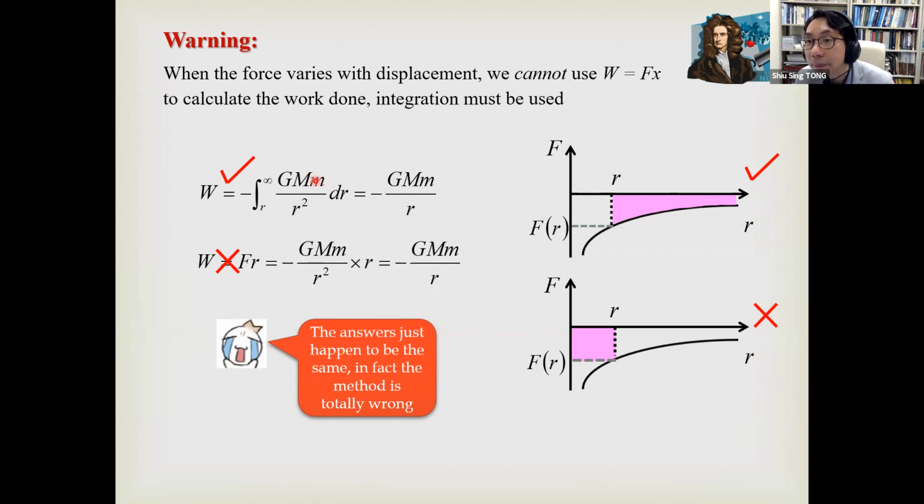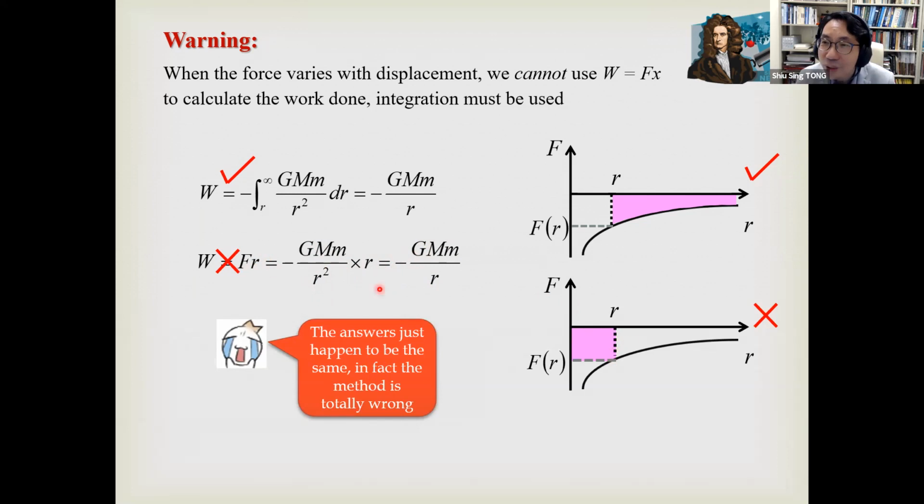Is that right? Now, some of you may be tempted, because it looks like if I multiply the force by the distance, then I will get rid of one of the r, and I'll get the correct answer. But that is totally wrong. Why? Because it's conceptually wrong. The r here is not the general r, but the r at the final position, which is here.